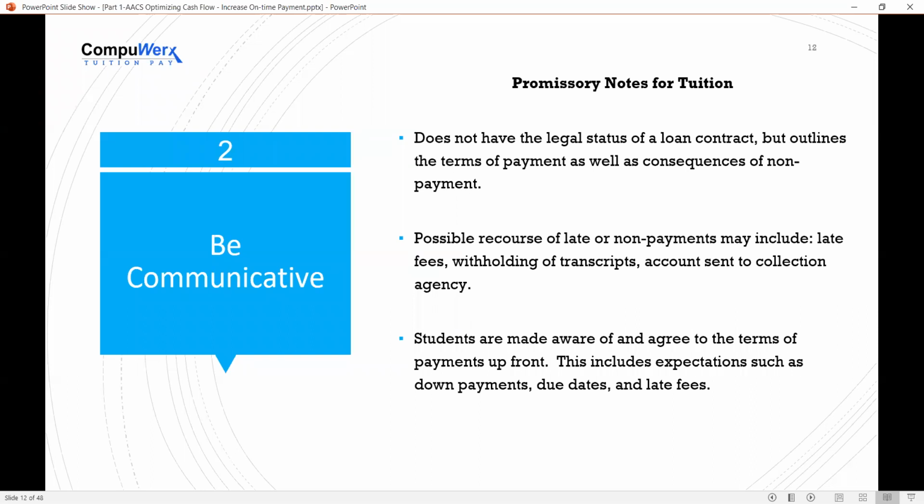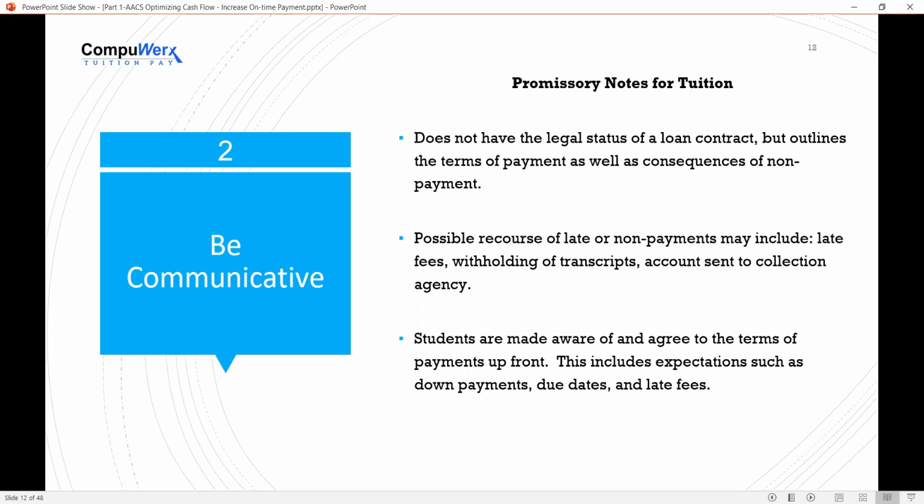Another thing is a promissory note for tuition. A promissory note is not a loan. It's not legally a loan contract, but this document outlines the terms of payments as well as the consequences of non-payment.